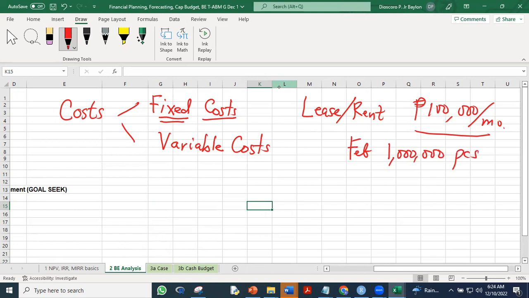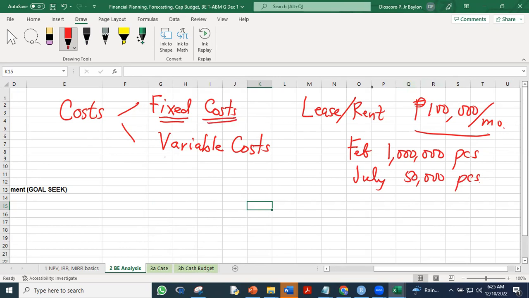The rent will still be 100,000. Or in July, where the demand will be very small, let's say only 50,000 pieces, the rent will still be 100,000. No matter what the level of activity the company engages in, this cost remains the same. That's what we call fixed cost.